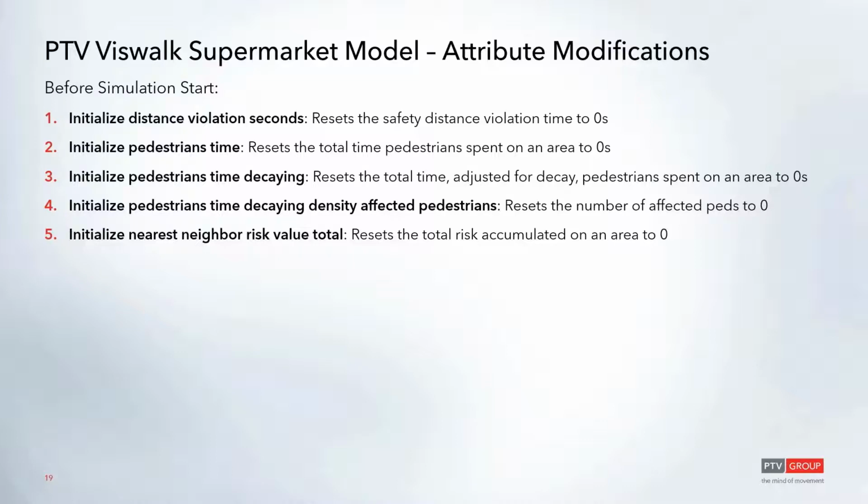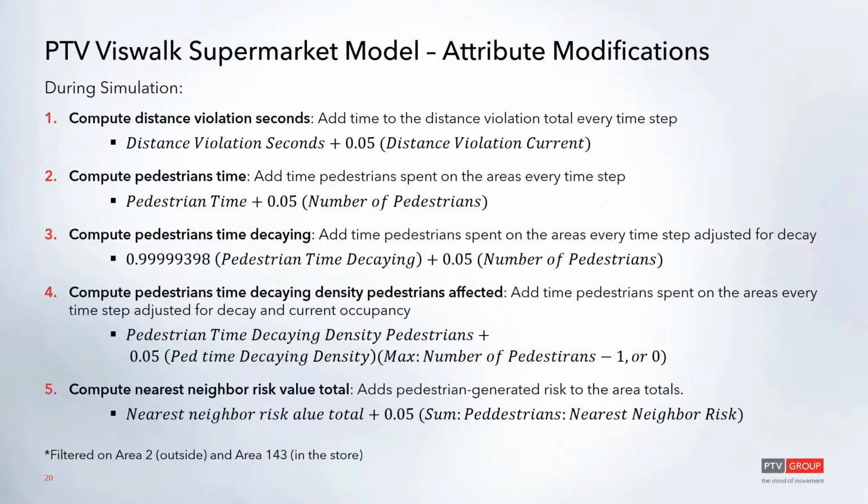So you can either manually do that, go through all of the areas in the network and just reset their values, or you can quickly create an attribute modification, which is, again, just like a for loop. And you can say for all areas in the network, reset the total time pedestrians spent on the area to 0 kind of thing. And so that's a real quick way to initialize your simulation. And so we'll have 5 of those that do that.